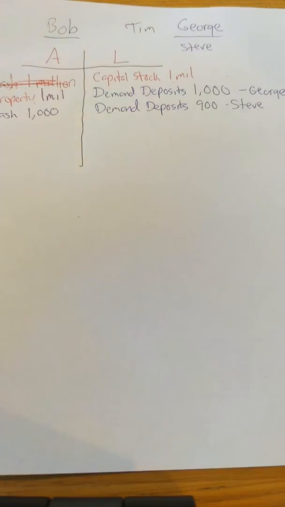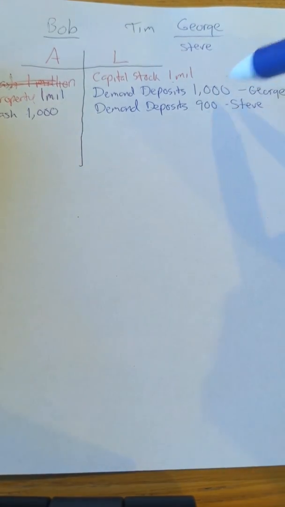But notice that at this time, this $900 here belongs simultaneously to Steve and George. George didn't lose that money. George didn't give the bank authorization to give away his money. So if George walked into the bank and wanted to withdraw it, the bank needs to come up with it. It actually belongs to George, but it also belongs to Steve.